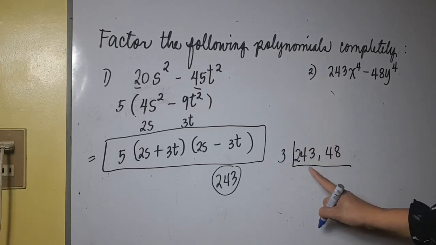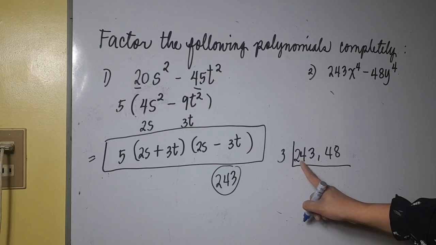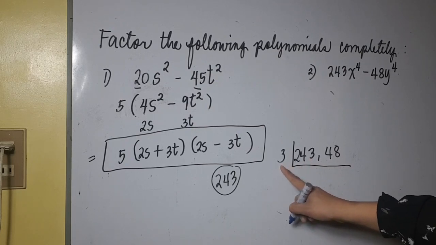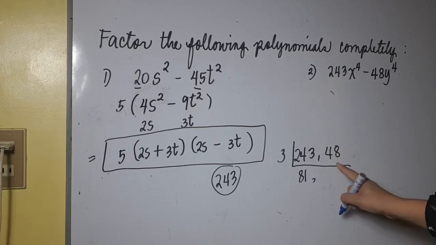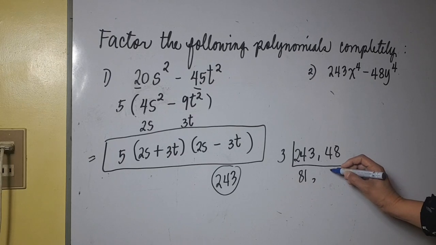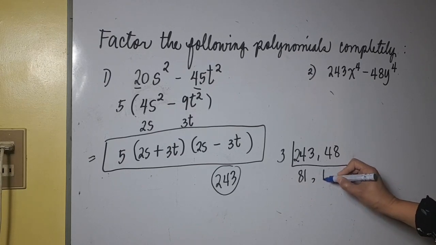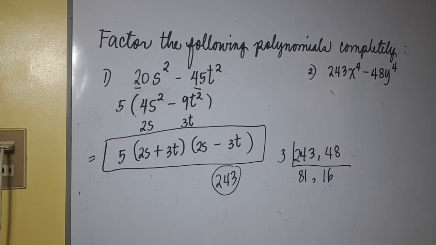So we divide by 3. 243 divided by 3 is 81. 48 divided by 3 is 16.